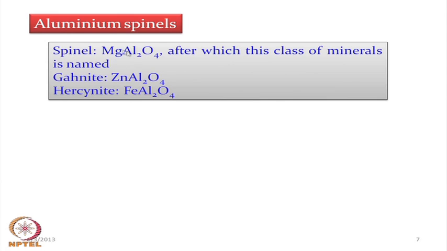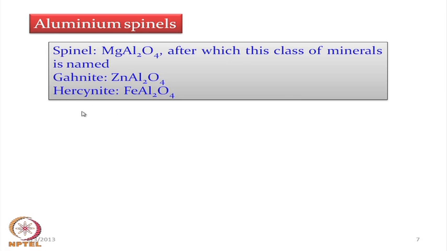When these are formed from magnesium together with aluminum, we get the spinel structure of the mineral known as the typical spinel. Then if we substitute the magnesium positions by zinc, we get gahnite. If we substitute the zinc site, or the magnesium, by iron, we get hercynite.